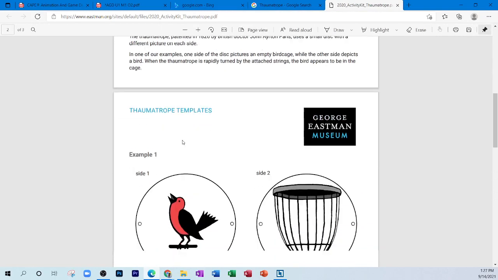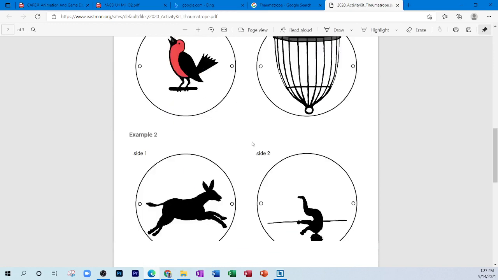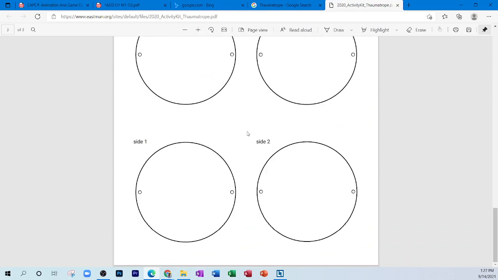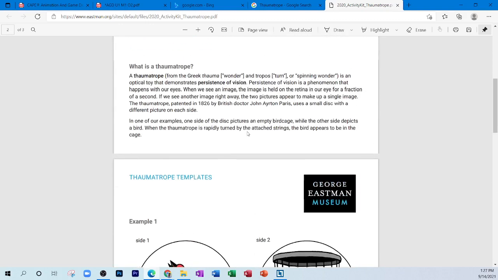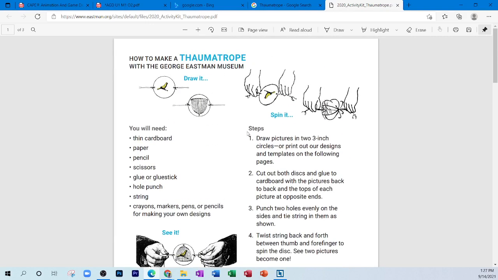Okay, so it's something that you are spinning. Okay, so that's a thaumatrope there.